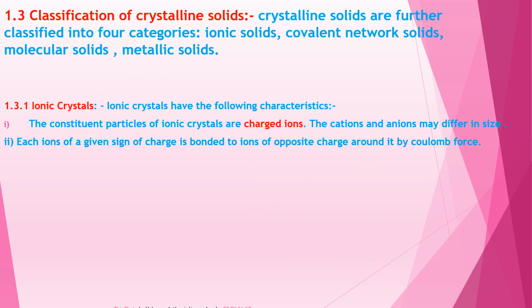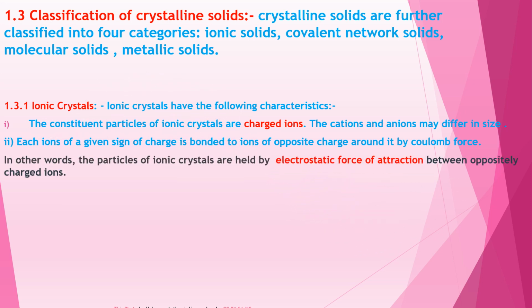Next property, each ion of a given sign of charge is bonded to ions of opposite charge around it by Coulomb forces. In other words, the particles of ionic crystals are held by electrostatic force of attraction between oppositely charged ions.